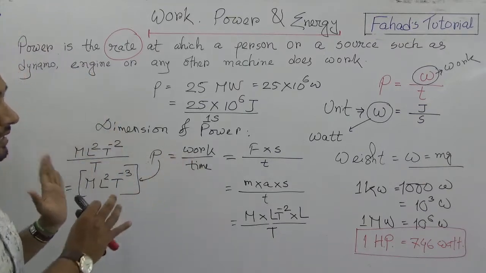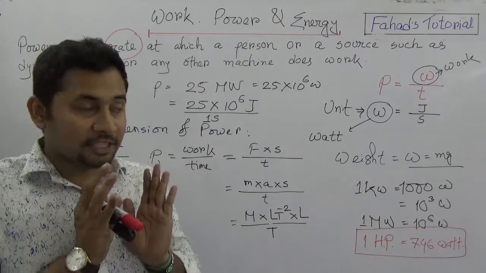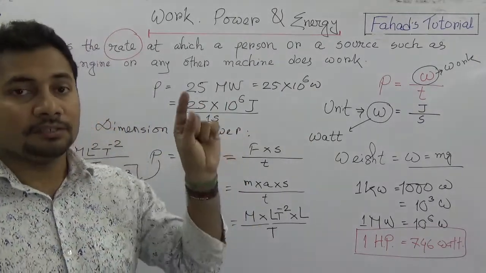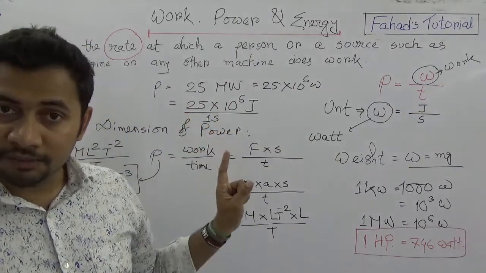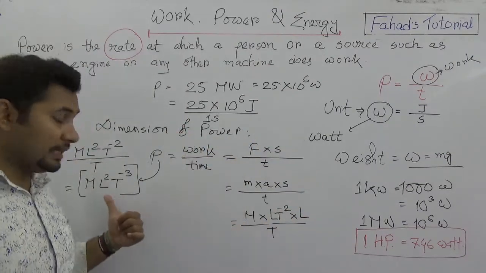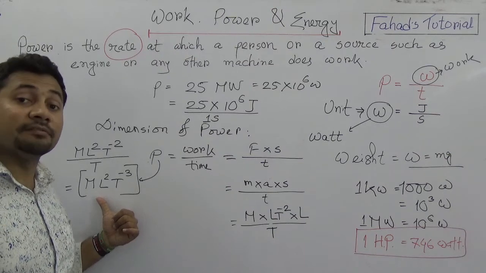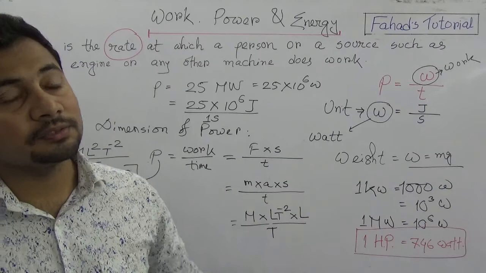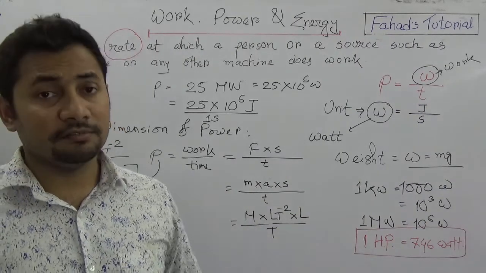What you need to understand is that power is work by time, the unit of power is watt, the dimension of power is M L square T inverse 3, and kilowatt is 1000 and megawatt is 10 to the power 6.